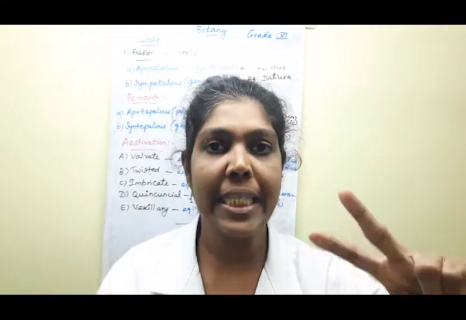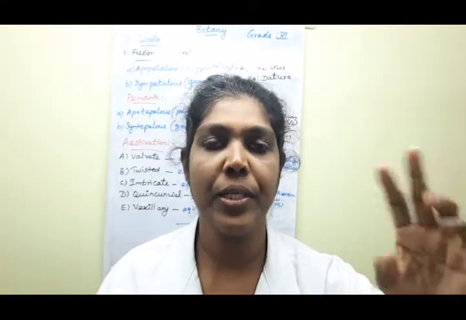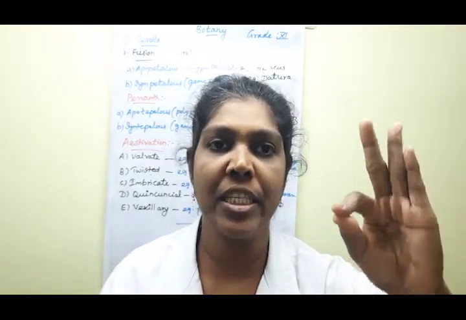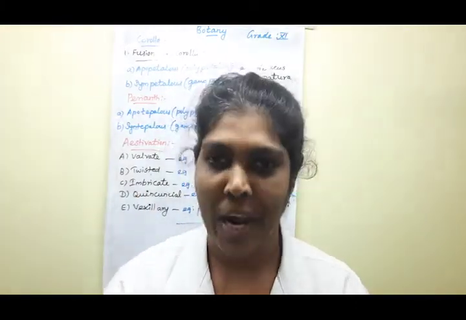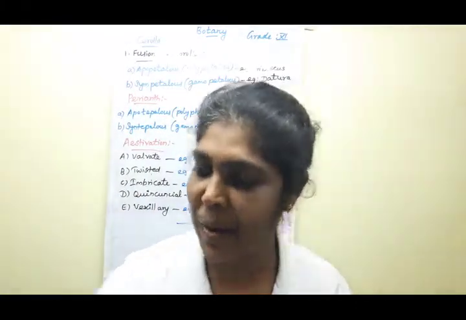Today's class we are going to learn about the second accessory organ, the secondary non-essential whorl, the corolla. Clear, children? First I am asking one question. What do you mean by corolla?